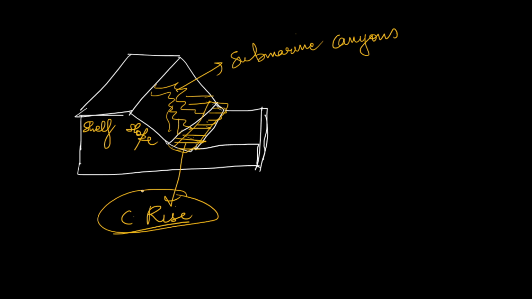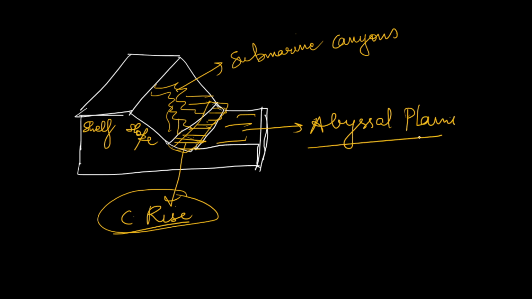I hope you are able to understand what continental rise is, and these parts are abyssal plains. I hope you understand what shelf is, what slope is, what abyssal plains are, and what continental rise is. So this was about continental slope and continental rise.